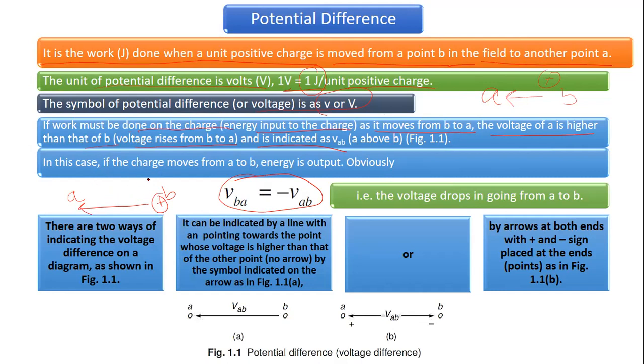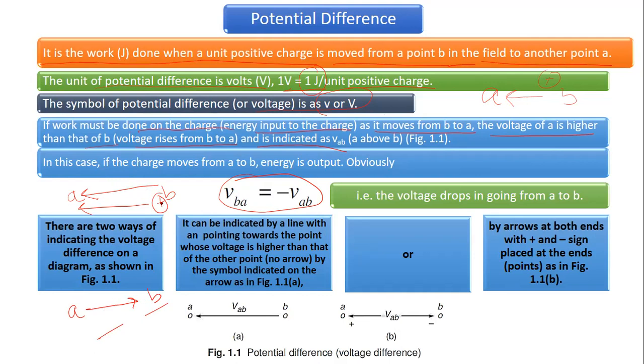So the voltage basically increases from B to A when the charge is moving from B to A. If the charge is moving from A to B, then the voltage is increasing from A to B, or it is decreasing from B to A. Vice versa is also true.